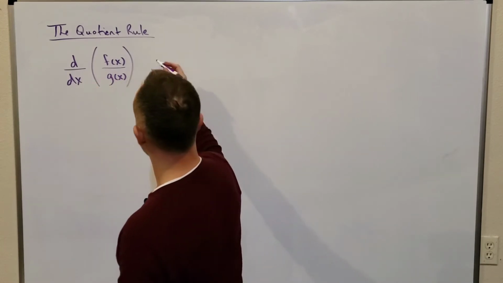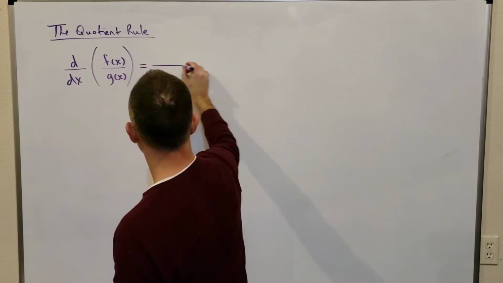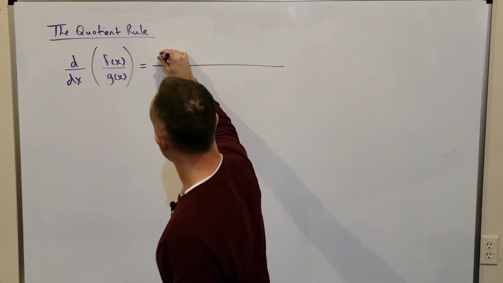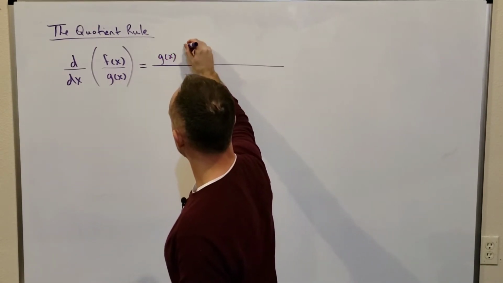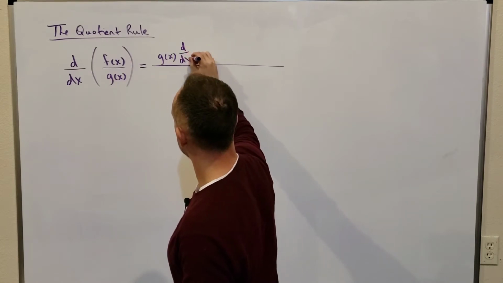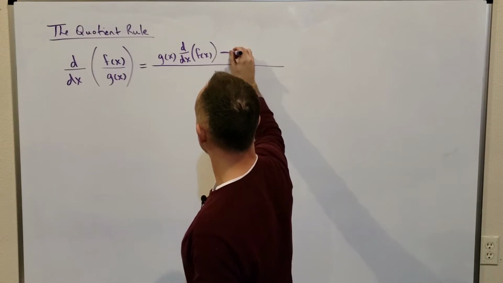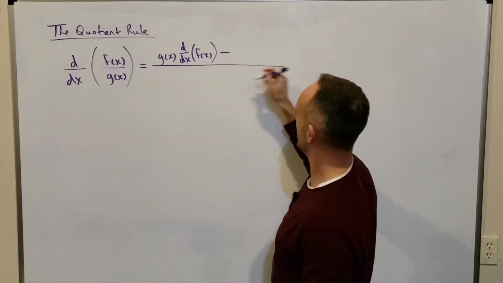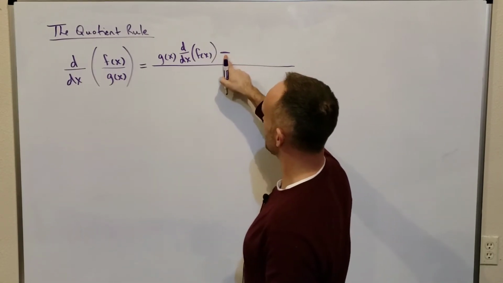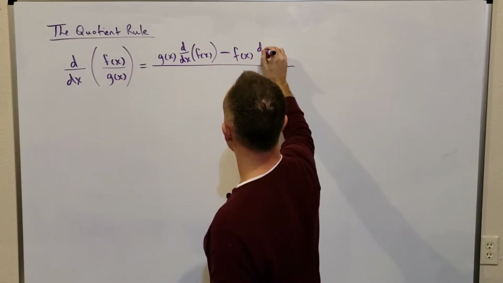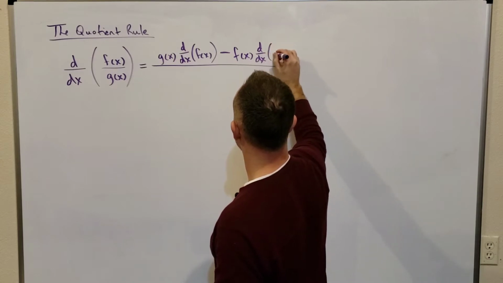The derivative of a quotient is going to be this. You're going to start by looking at the bottom times the derivative of the top minus, which is different than the product rule where there's a plus, minus the top times the derivative of the bottom.